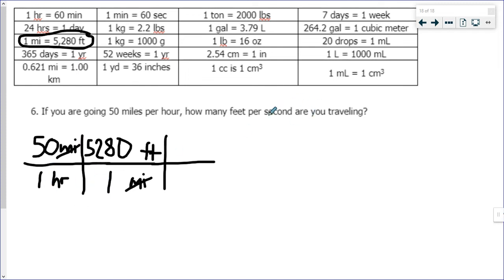But they don't want to know per hour, they want to know per second. So now I need to get rid of hours. I could put hours on the opposite side to get rid of them, so they're going to end up canceling out. And I can convert that into seconds because I know that in 1 hour, I have 3,600 seconds.